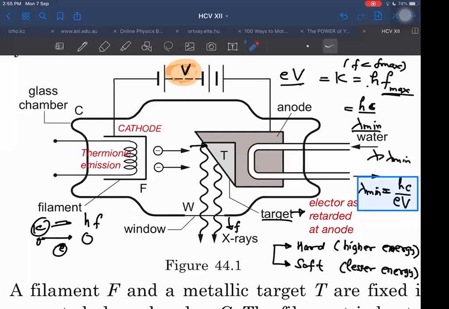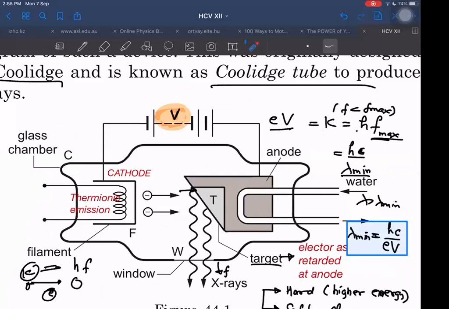If I want to plot the graph of intensity of the X-rays versus lambda, then I will notice that there will be zero intensity before lambda minimum, because no photon will come which has a wavelength less than lambda minimum, and then the intensity will increase and attain some peak.